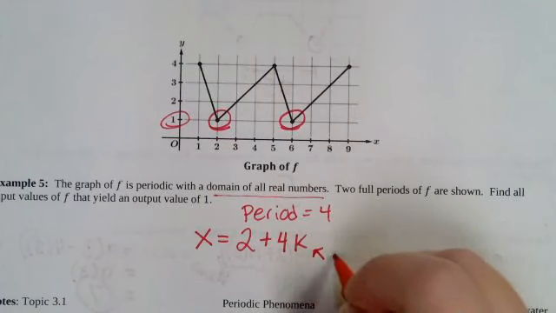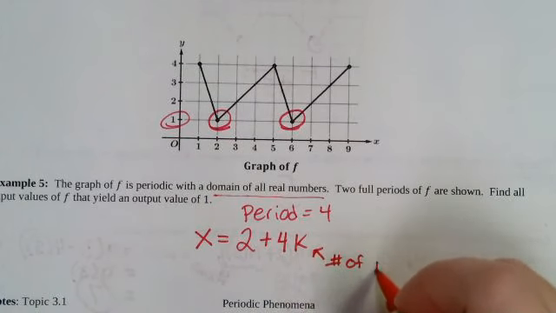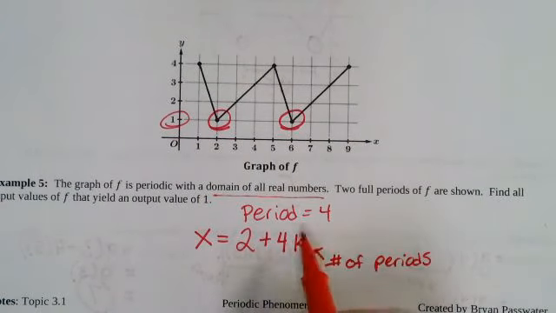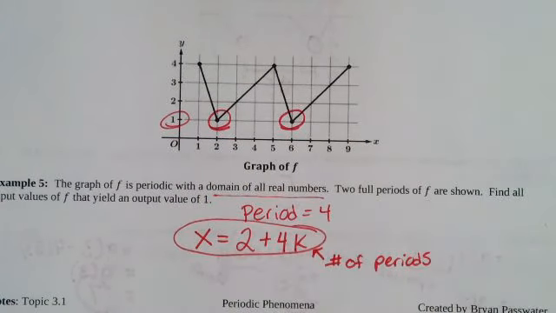K is going to just talk about the number of periods because this thing goes on forever. But this would indicate all of the different values where we get a 1 as our output instead of just the 2 and the 6. Now, I would be good with you saying 2 plus 4k, 2 minus 4k, 6 plus 4k, or 6 minus 4k. Any of those would have been fine answers.